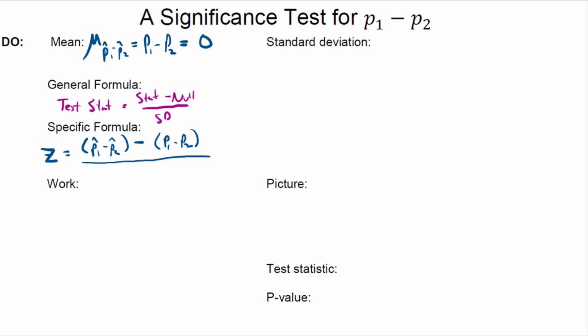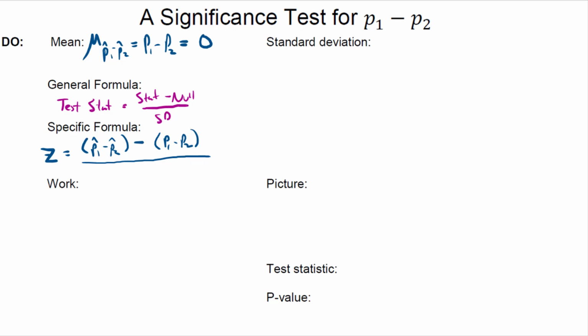Now, the next thing we have to worry about on our standard deviation is that for this style problem, because our p1 minus p2 equals 0, we must use a pooled proportion, or combined proportion as they like to notate it as well.